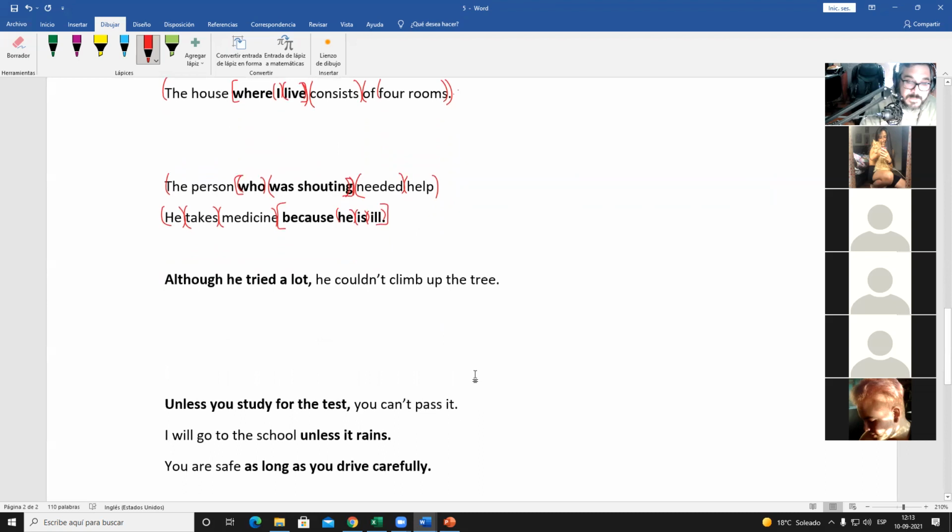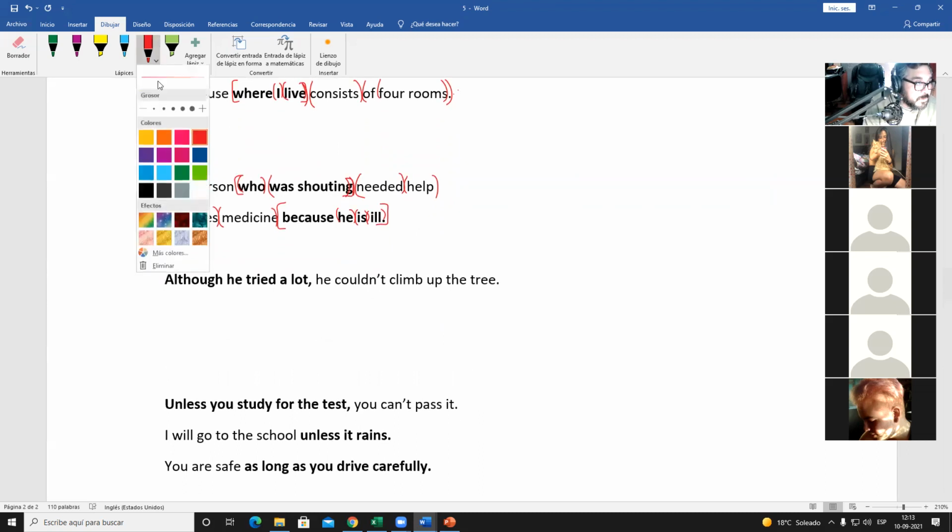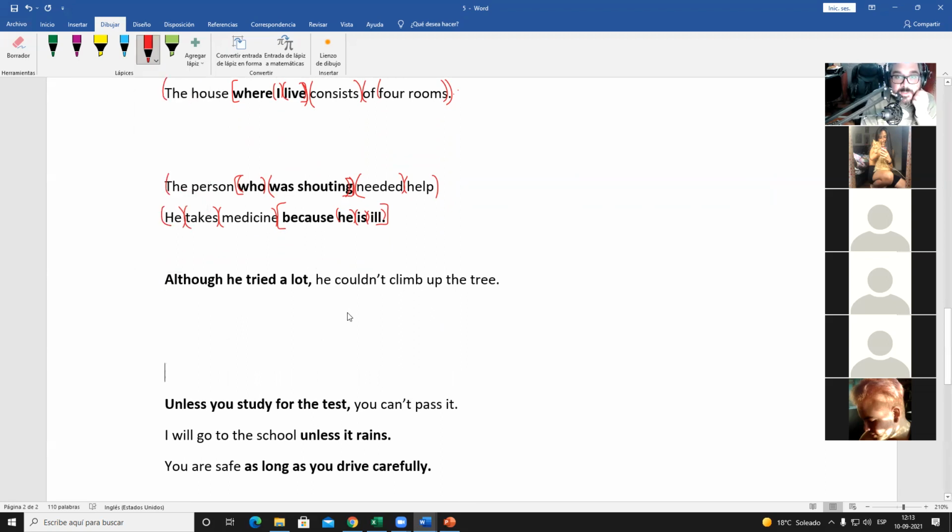Although he tried a lot, he couldn't climb up the tree. So what I'm going to do is looking for the verb phrase that comes in the independent clause. The independent clause is he couldn't climb up the tree. So the verb phrase is this one, because we have climb up, which is a phrasal verb.